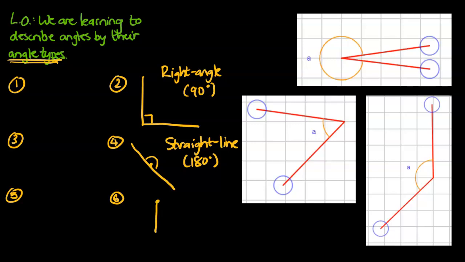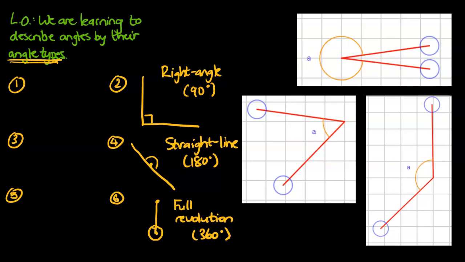But let's say we start there and we go there, and we're going to lap all the way around to the very end. And that there is a full revolution. And that angle there is exactly 360 degrees. So they're the first 3 angle types that we need to be aware of, and so far, probably nothing new to most of us.